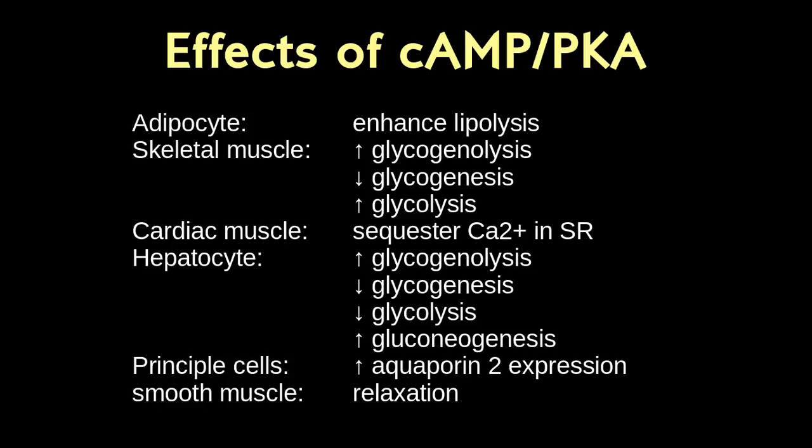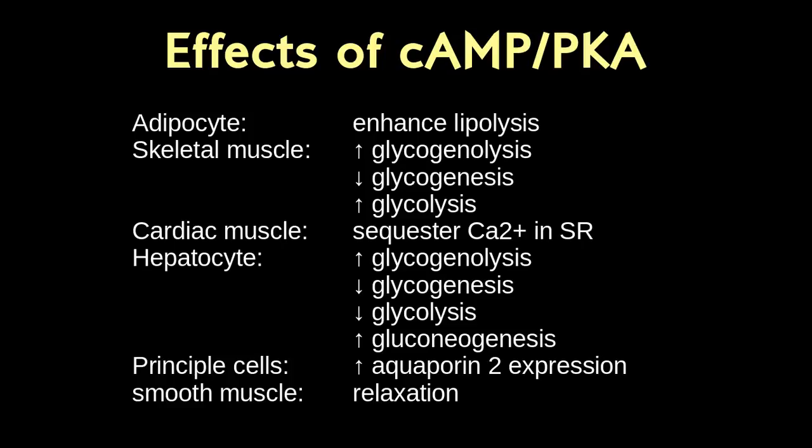And they also increase glycolysis in skeletal muscle. This is the pathway we're going to talk about in just a moment. I'm sure you probably talked about this in general biology, where we take glucose and get some energy out of it and pass on the products to the citric acid cycle and electron transport chain eventually. Now, in cardiac muscles, we're sequestering calcium in the sarcoplasmic reticulum. That's a long story about what's going on there.